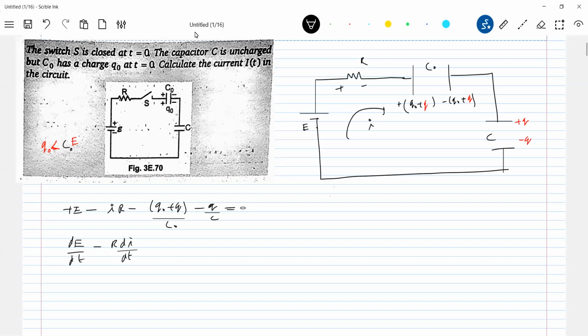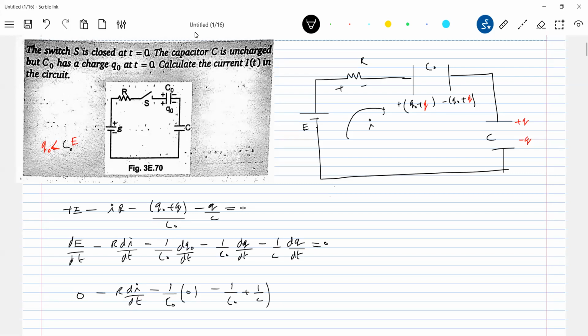Let me expand this, no problem. The EMF of the cell is constant, so minus R di by dt. Q naught is a constant, so this will be minus 1 by C naught into dq by dt, minus 1 by C dq by dt, all set equal to 0. And dq by dt is what?